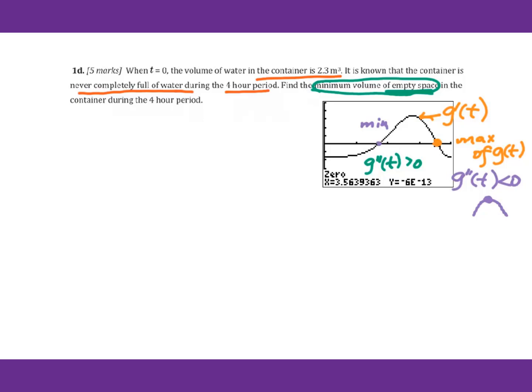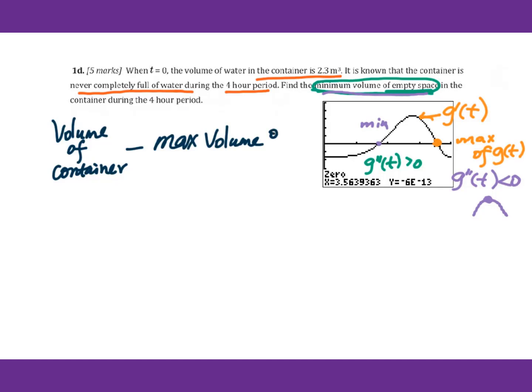Therefore, to figure out the minimum volume of empty space, we use the volume of the container, subtract the maximum volume of water.